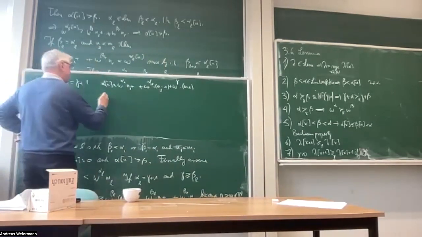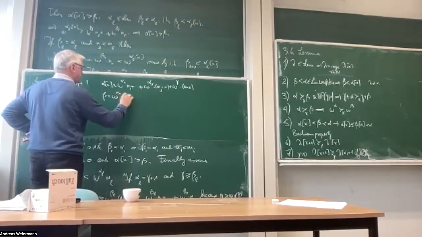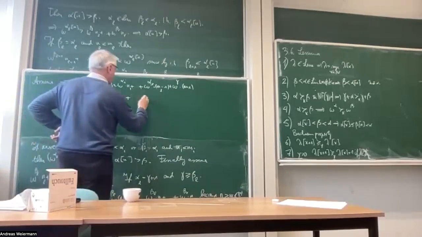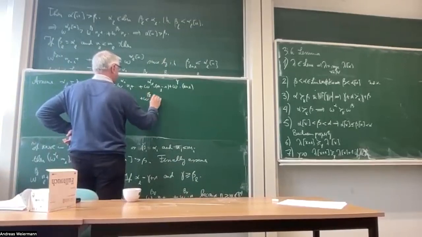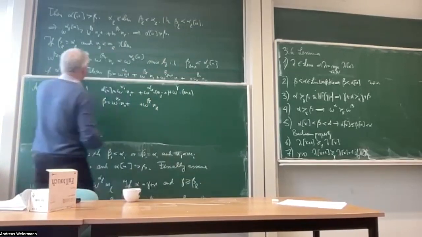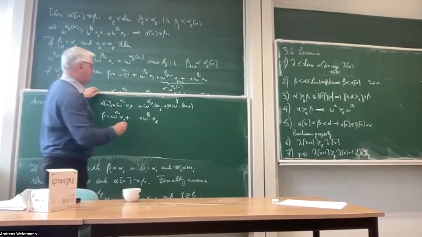What is beta? Let's form it; it starts with the same numbers. We get omega to the beta L times N plus some rest.